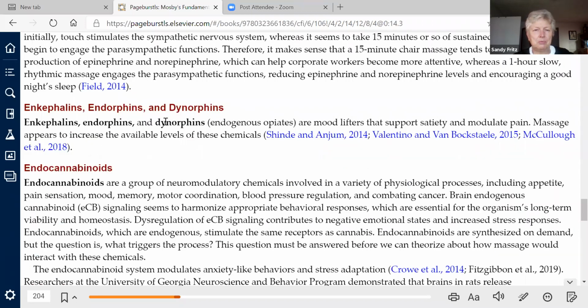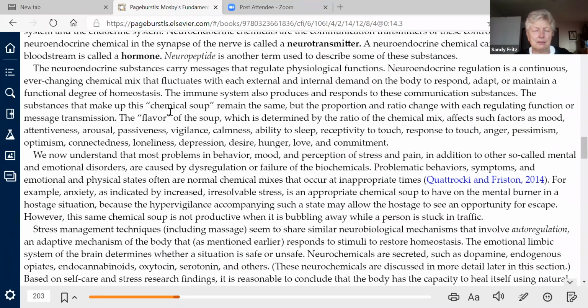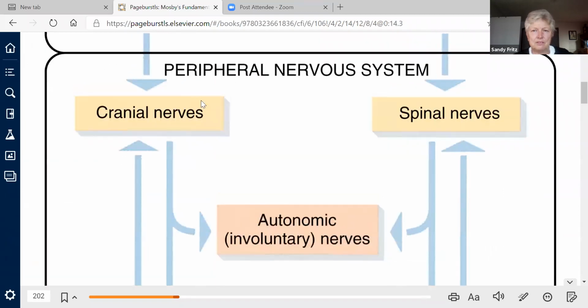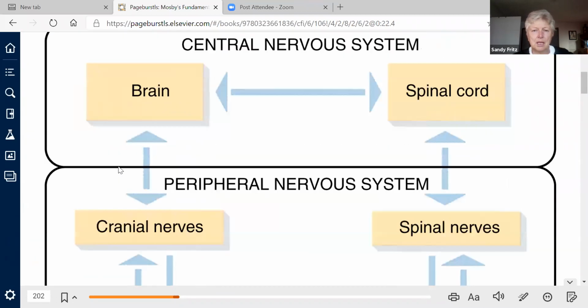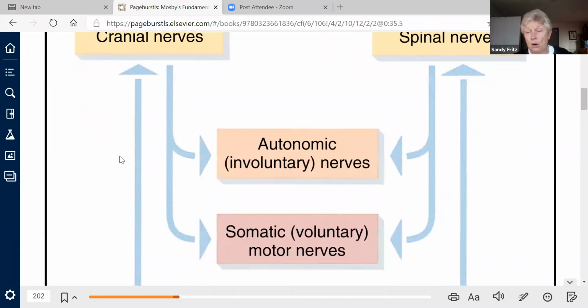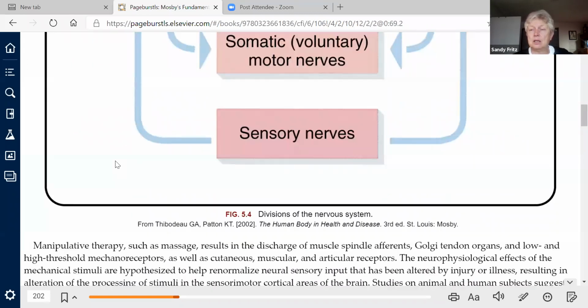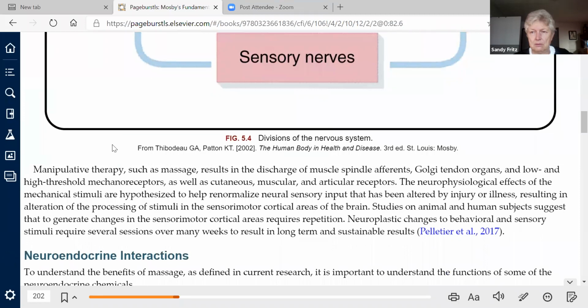So this is the segment on the influence of massage on the nervous system and all aspects of the nervous system, including the autonomic, the enteric, the neurotransmitters, stuff that you should be and or will be studying in your science textbook.